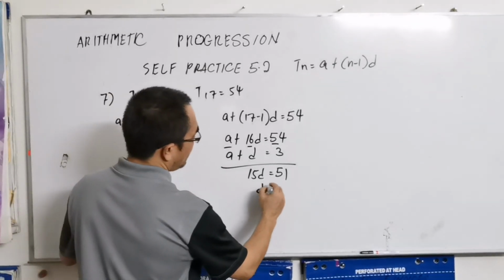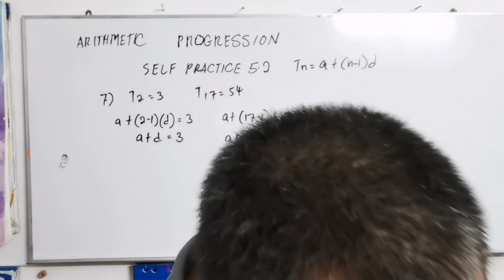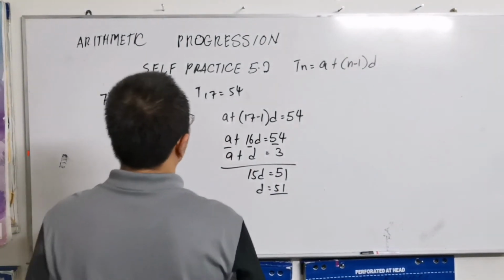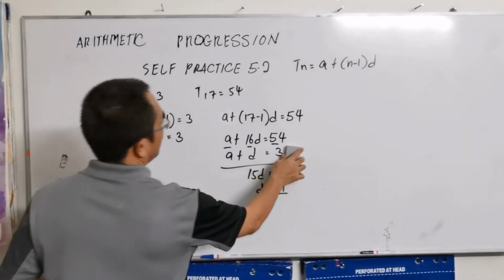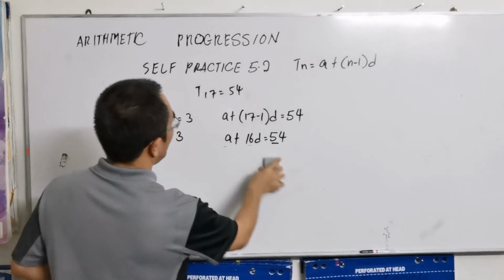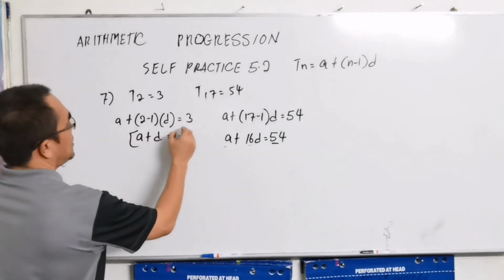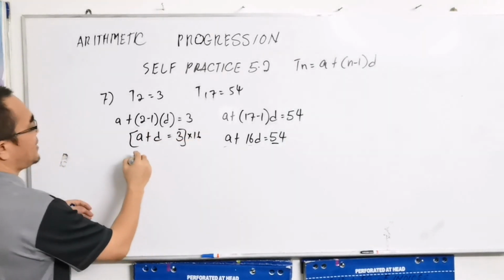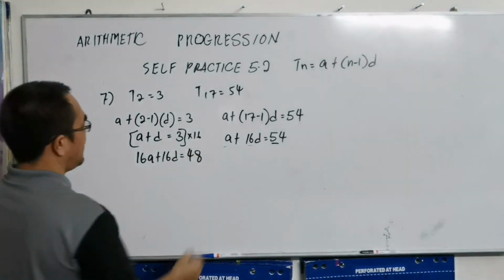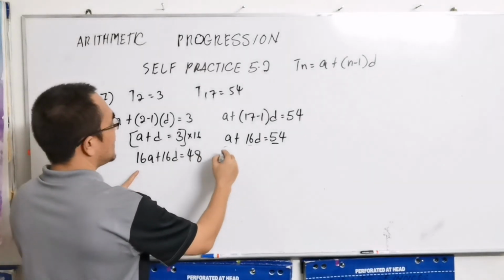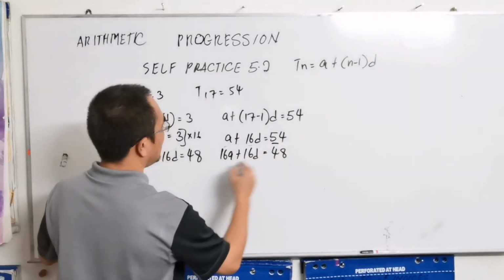So D will be 51 over. Okay, anyway, what is the question? Oh, they want you to find the value of A. No need to find the D. So it's better you don't have to find the value of D. So what I'll do, I just multiply here with 16. So I get 16A plus 16D equals 48. Then I write down here 16A plus 16D equals 48.